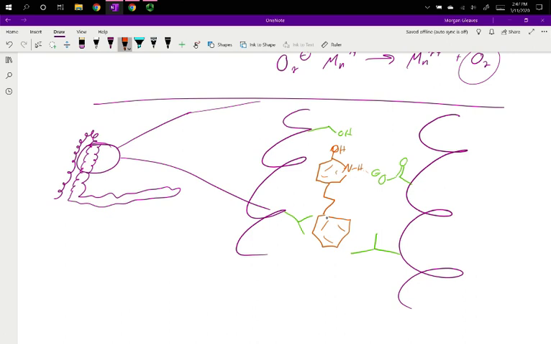It's got a phenyl with an ethyl, it's got a ring with a nitrogen. But the idea is one end of it is pretty darn polar, and one end of it is pretty darn non-polar. So we've got polar up here, non-polar down there.